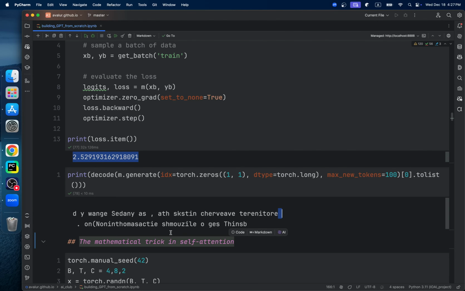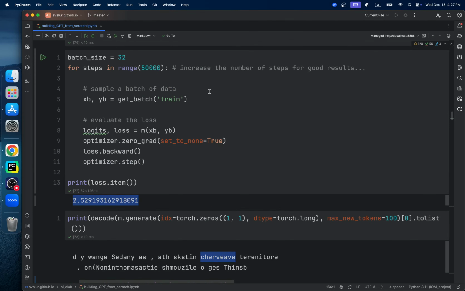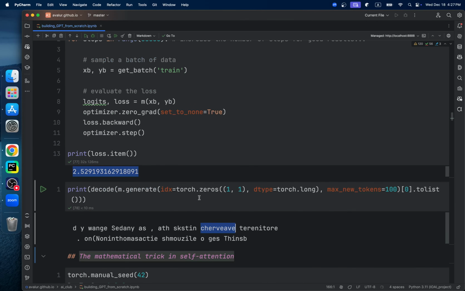Some words we can even read, like "or" or "just", and so on. So the result is much better than the random model. And of course, if we increase the number of steps, we will get better results. But if you remember, this bigram model is almost the same as a statistical model of calculating the numbers of bigrams based on a given dataset.